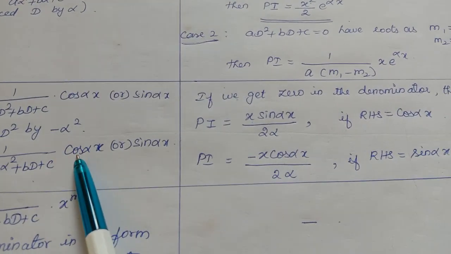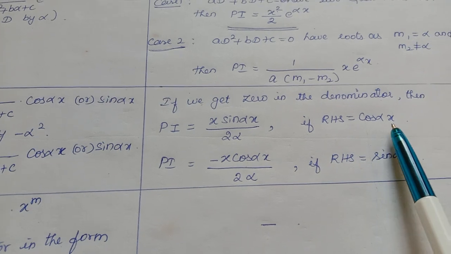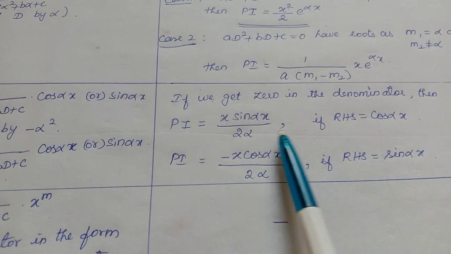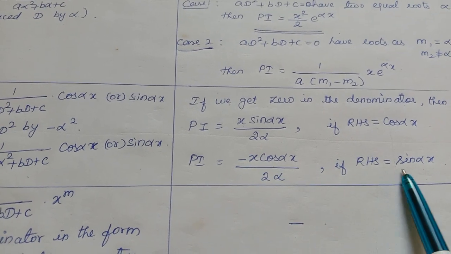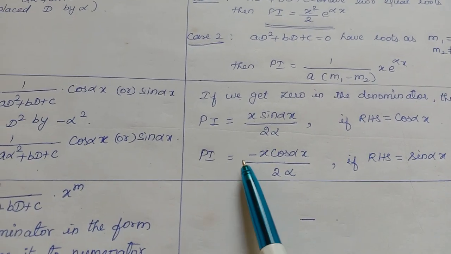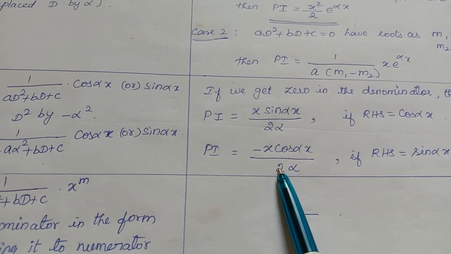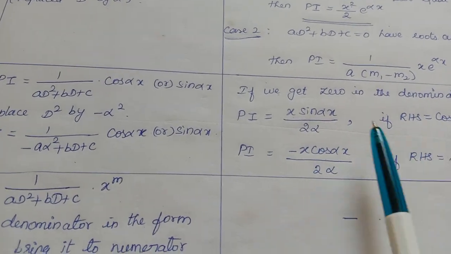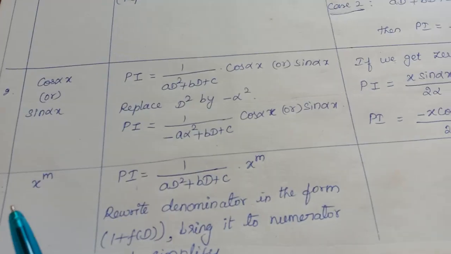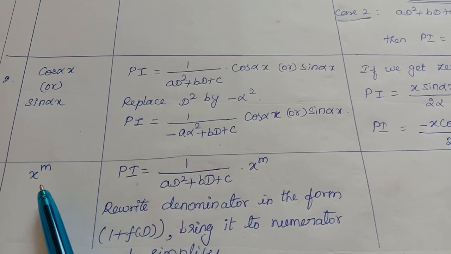So while you get 0, this is the substitution. When the right hand side is cos alpha x, the particular integral is x sin alpha x by 2 alpha. When the right hand side is sin alpha x, the particular integral is minus x cos alpha x by 2 alpha. No need to go for any calculation.